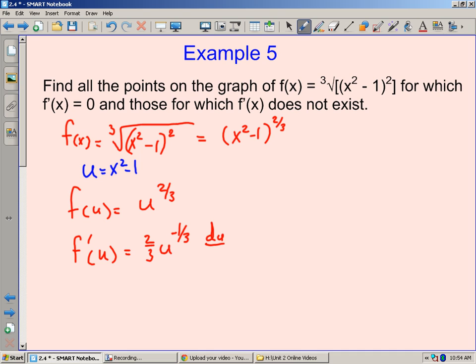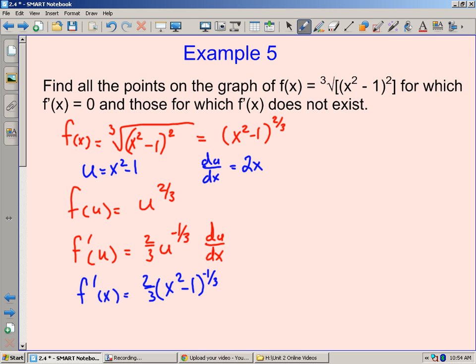What I forgot to do up here is take the derivative of u. I didn't really forget, I just wanted to wait till I got to that point. So I ended up with my 2x, and now I can replace everything. I'll replace all my u's with x's, and so f prime of x is 2/3 of x squared minus 1 to the negative 1/3 times 2x.